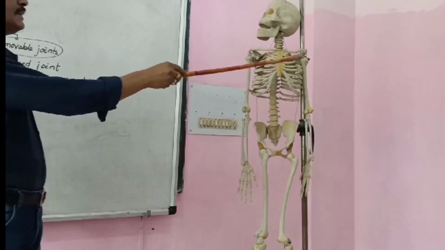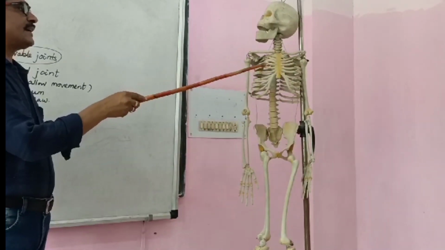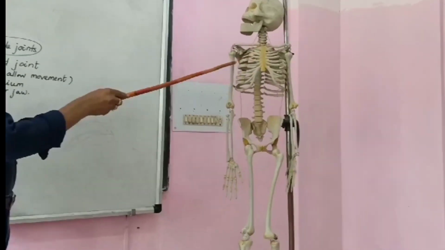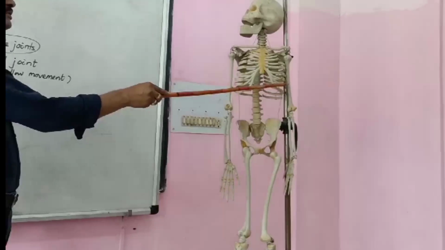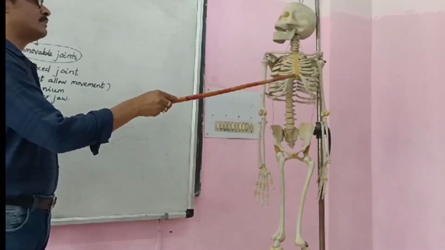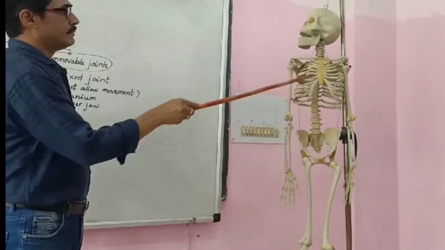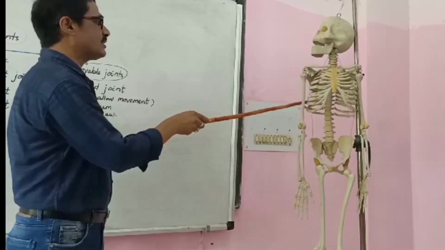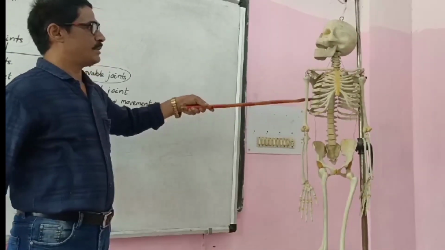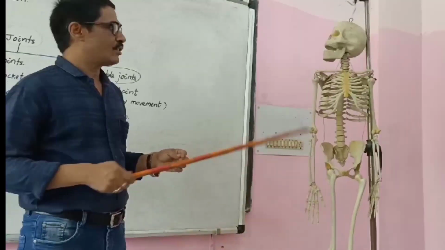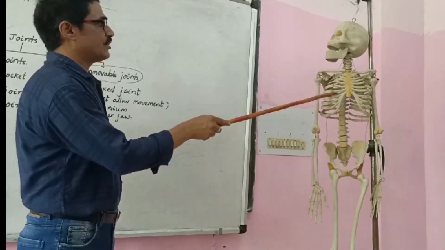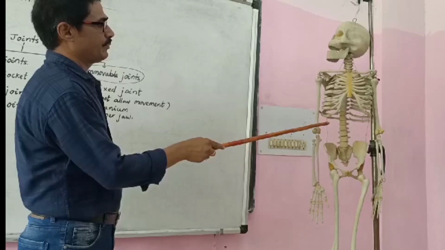Then the rib cage. The rib cage consists of a box-like structure. From the sternum, the ribs are attached to the thoracic vertebrae of the backbone, forming a cage-like structure that is known as the rib cage.